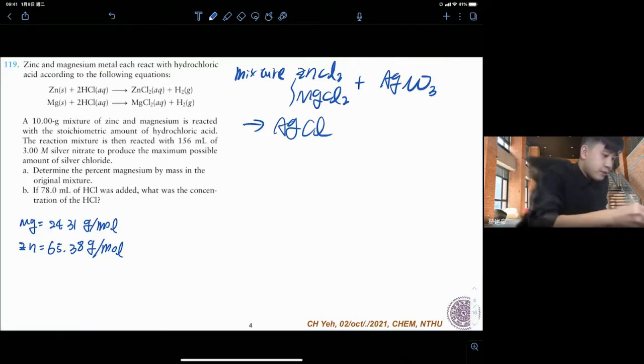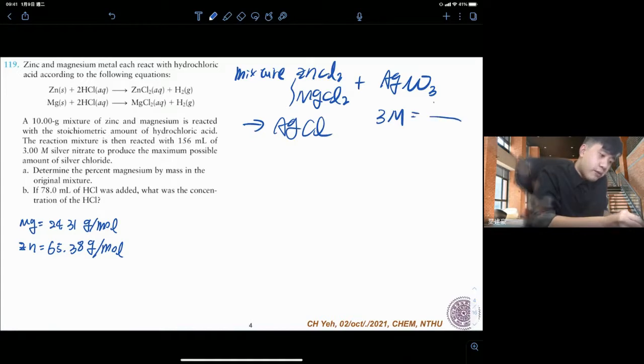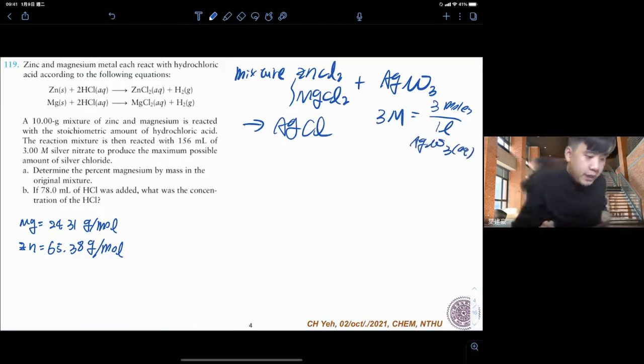We have been given a clue that the concentration of silver nitrate is 3 M, which is also known as molarity. The definition means there are 3 moles inside 1 liter of AgNO3 aqueous solution.